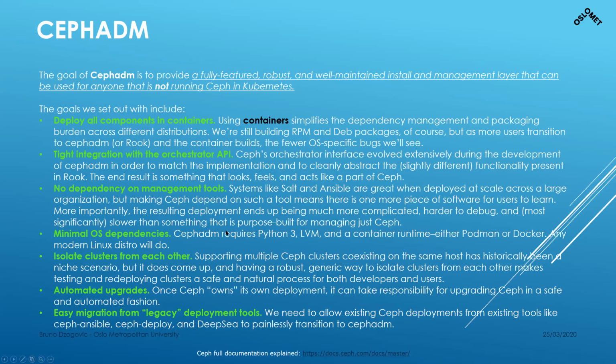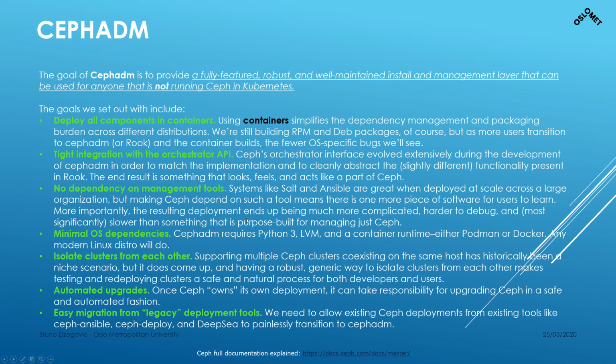These tools are considered legacy, as you can see. So Ceph Ansible or Ceph deploy, which was a typical tool for deploying Ceph, and this is a very manual approach. These are considered legacy tools. So in order to avoid using stuff like that and to avoid operating system dependencies, these things are being deployed in containers.